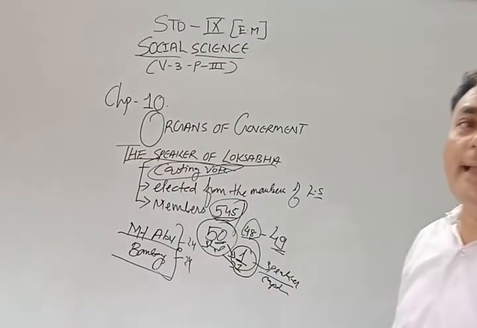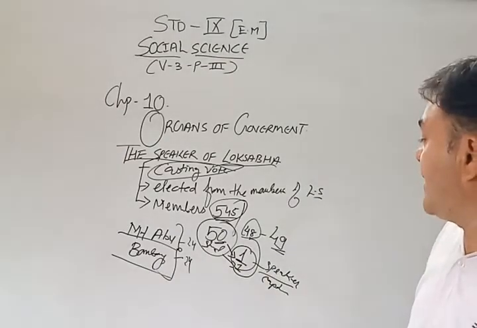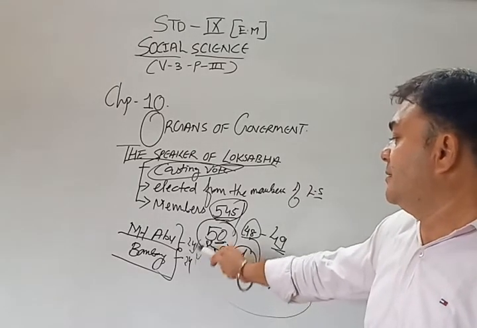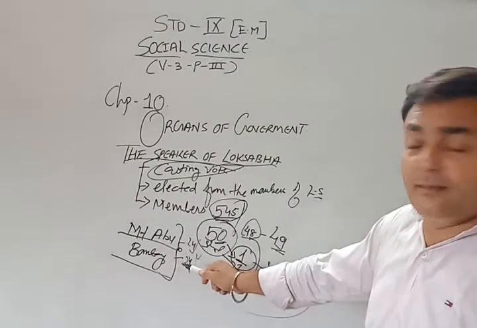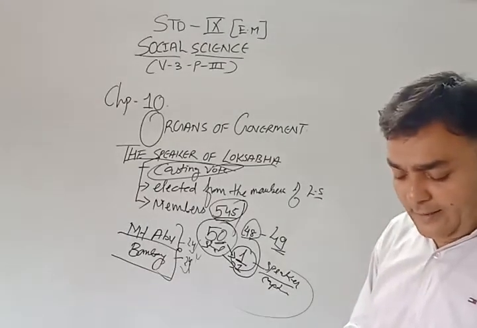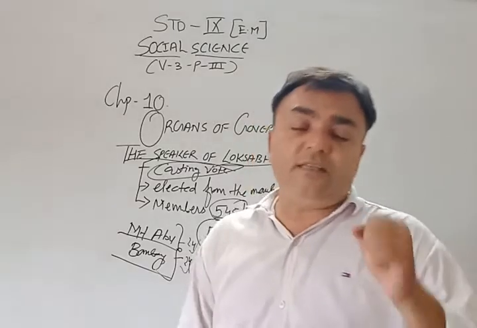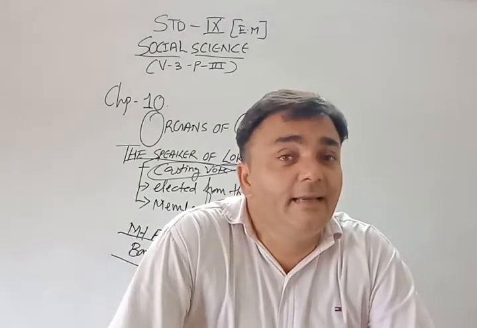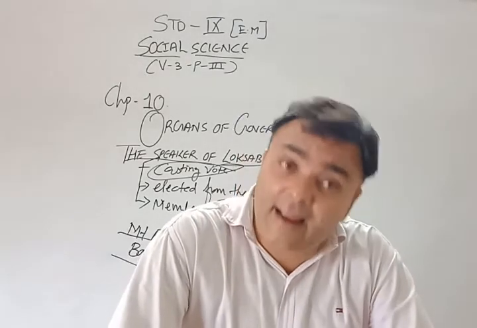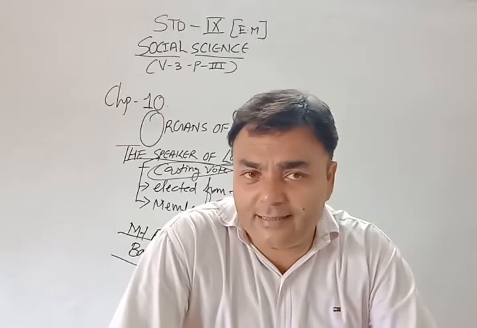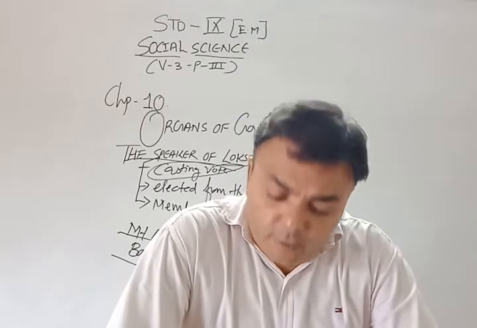Then the monitor gets the right to vote either here or here, whatever he feels. So he has the authority to vote. First he is a member of the parliament, then he is the speaker of the parliament. So understand this. He has the right to vote.